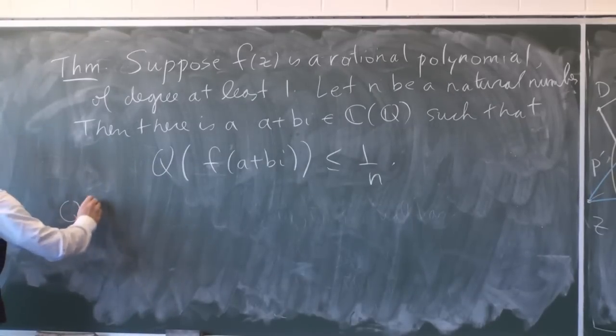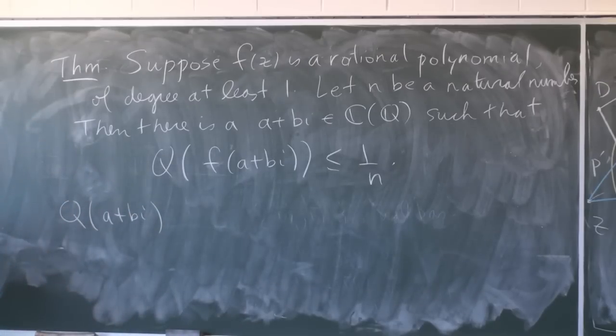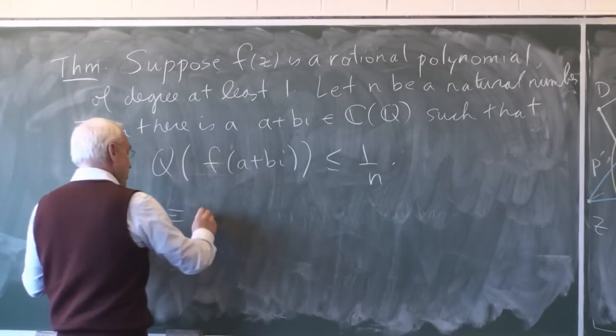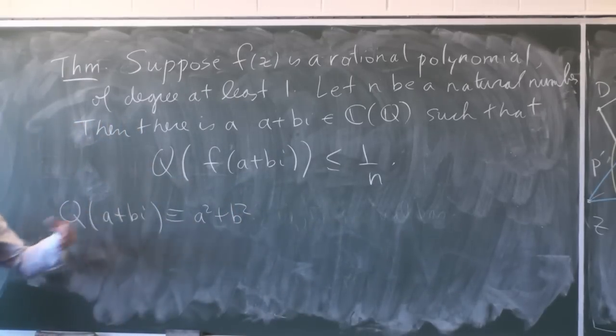Where, I remind you, the quadrance of a complex number a plus bi is a squared plus b squared. It's more natural to work with this than the length of the vector because this is an algebraic quantity.